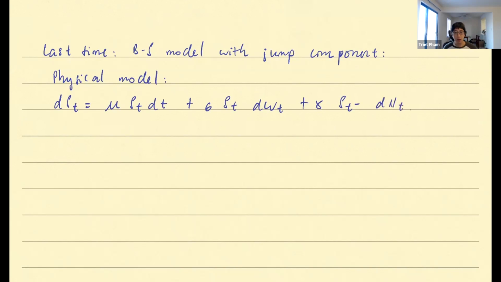Okay. So here we introduce one extra source of noise. So two sources of noise. Where Wt is the Brownian motion and Nt is the Poisson process.